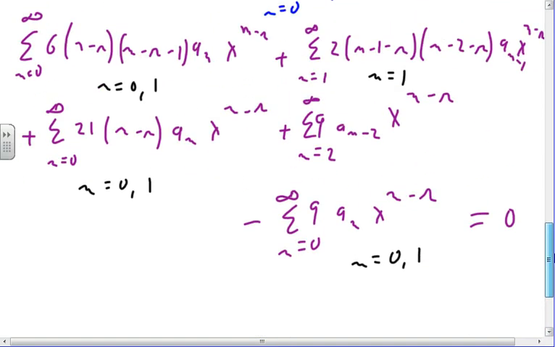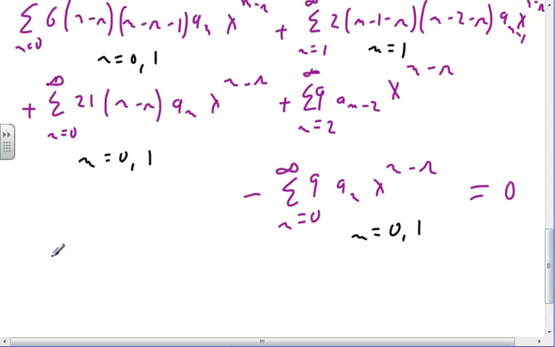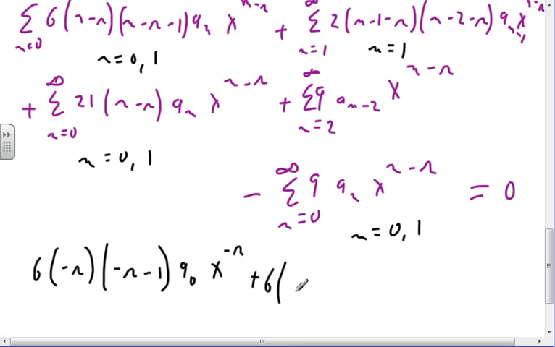So when n is 0, I'm going to have 6(minus r)(minus r minus 1) a_0 x to the minus r. When I take out the n equals 1 term, I'm going to have plus 6(1 minus r)(just minus r) a_1 x to the 1 minus r.